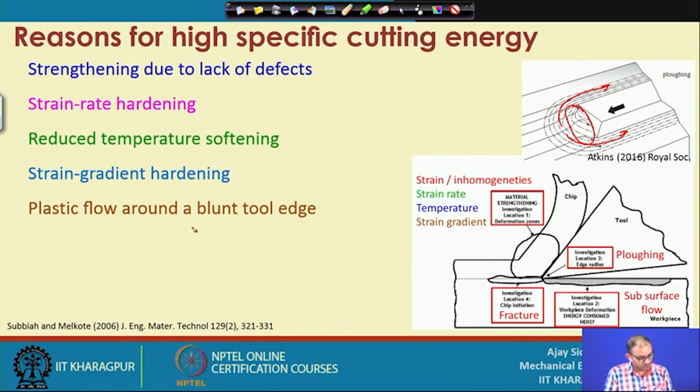Because of that, this plastic flow creates a lot of force when you cut the material. We know that if forces increase and your uncut chip thickness continuously decreases, then your specific cutting energy increases, depending on that earlier equation. We consider our tool to be blunt, because we know that at micro level there is always a cutting edge radius, which plays an important role in the cutting operation.